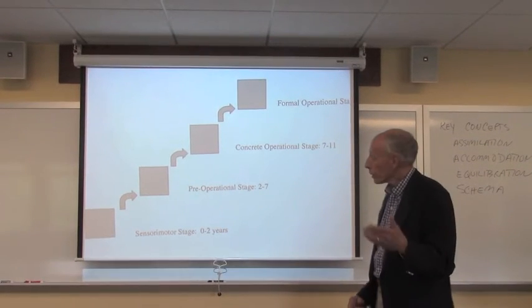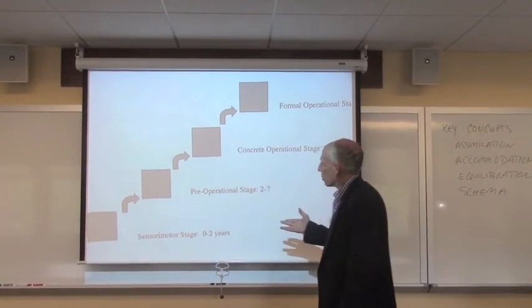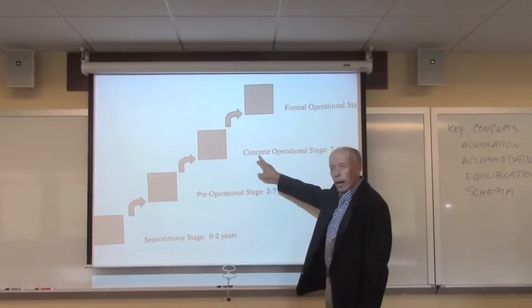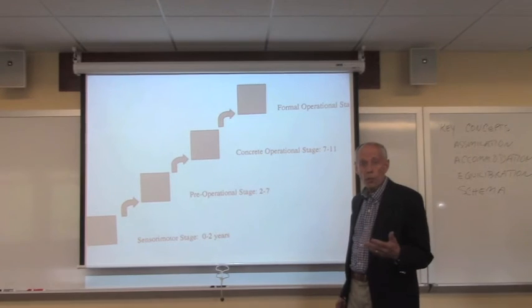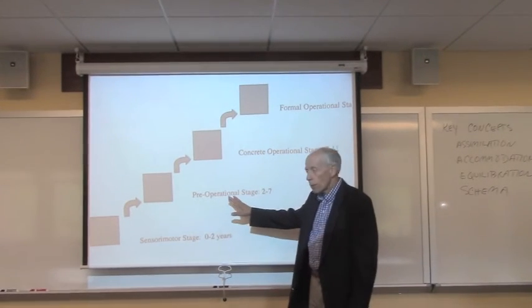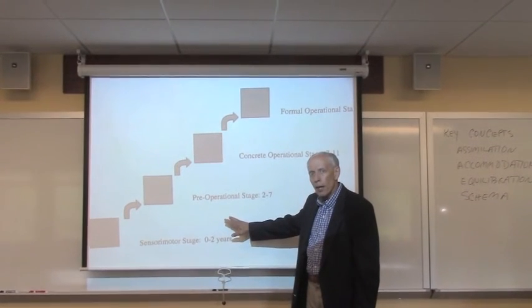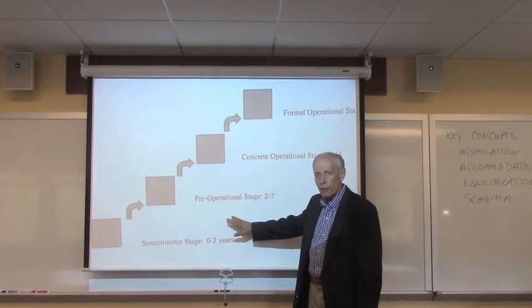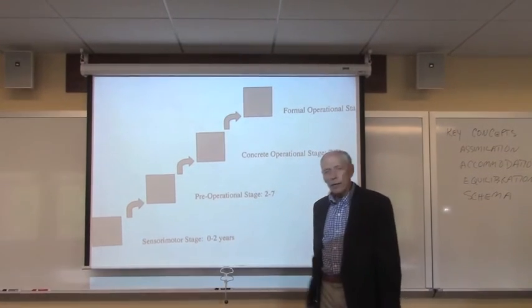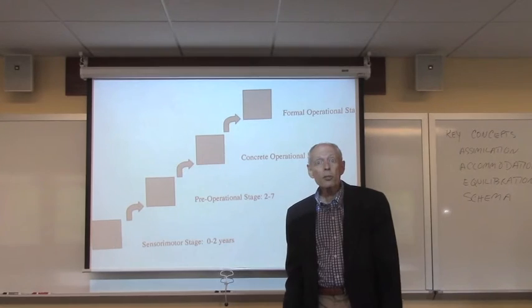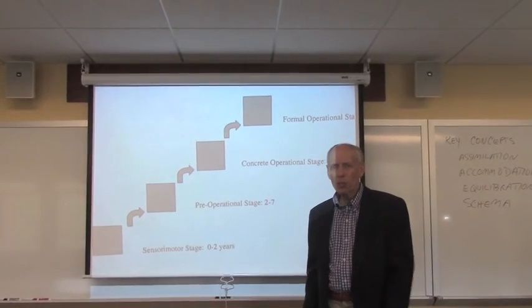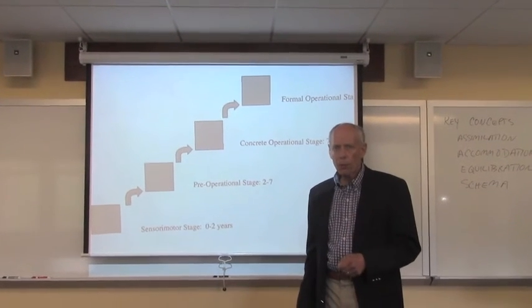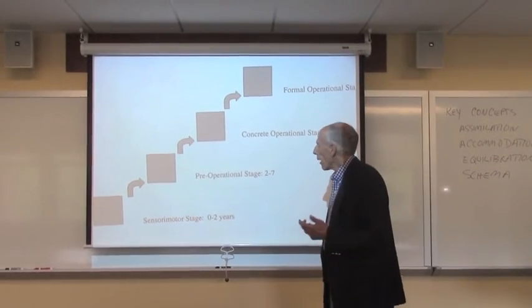For one thing, what they found was that, for instance, the beginnings of concrete operations, the ability to classify in rudimentary ways, begins a lot earlier than Piaget seemed to think. At the beginning of pre-operational thinking, a lot of kids can classify in very rudimentary ways. Piaget didn't notice it, and he wasn't looking for it after a while. But later researchers found that.